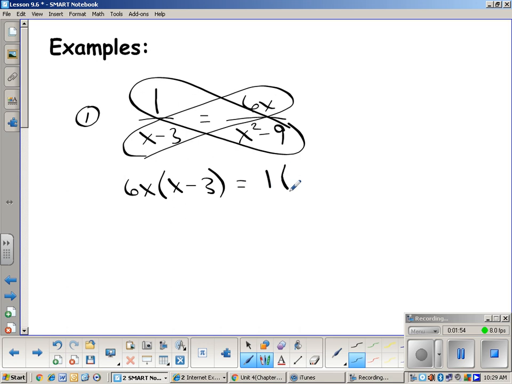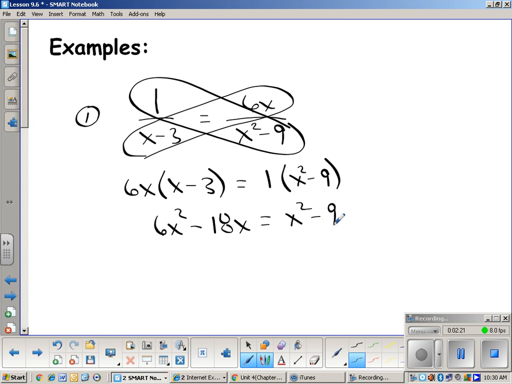And 1 times x minus 9, I'm going to write x squared, sorry. I'm going to write it that way, but the reality is because it's a 1, x squared minus 9 is all I really needed. So on this side, 6x times x is 6x squared minus 6x times 3 is 18x equals x squared minus 9.